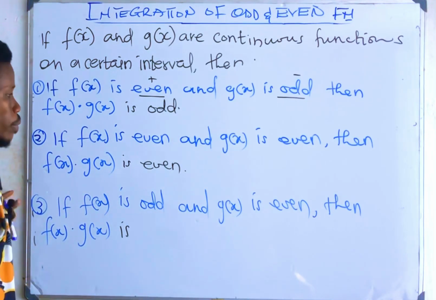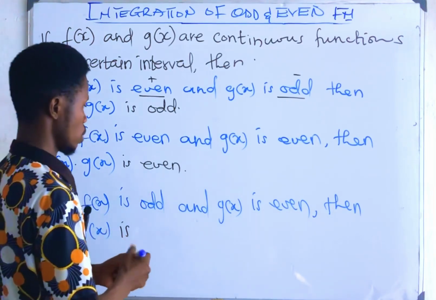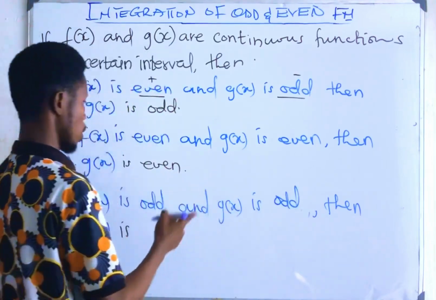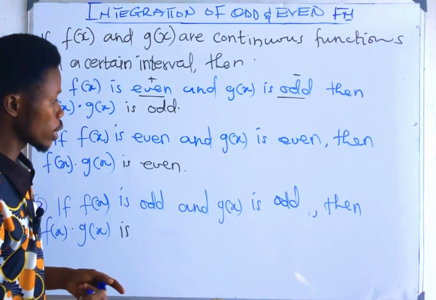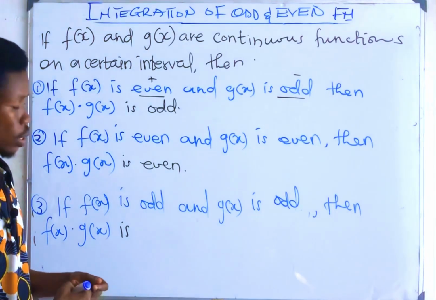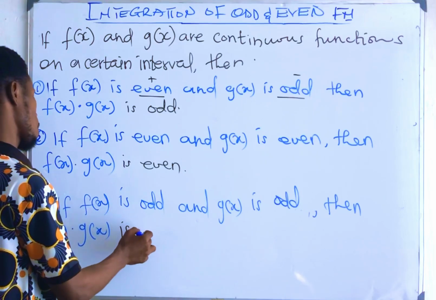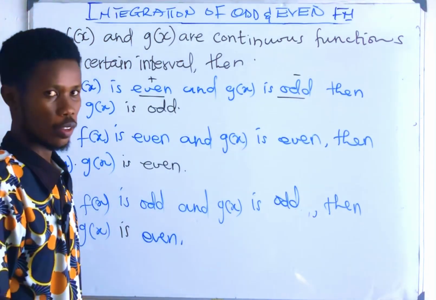I've made a mistake here, this one should be odd. The other case has already been covered. When odd multiplies odd, it is like negative multiplying negative, and you get positive. So when odd multiplies odd, we get even. Okay, good.